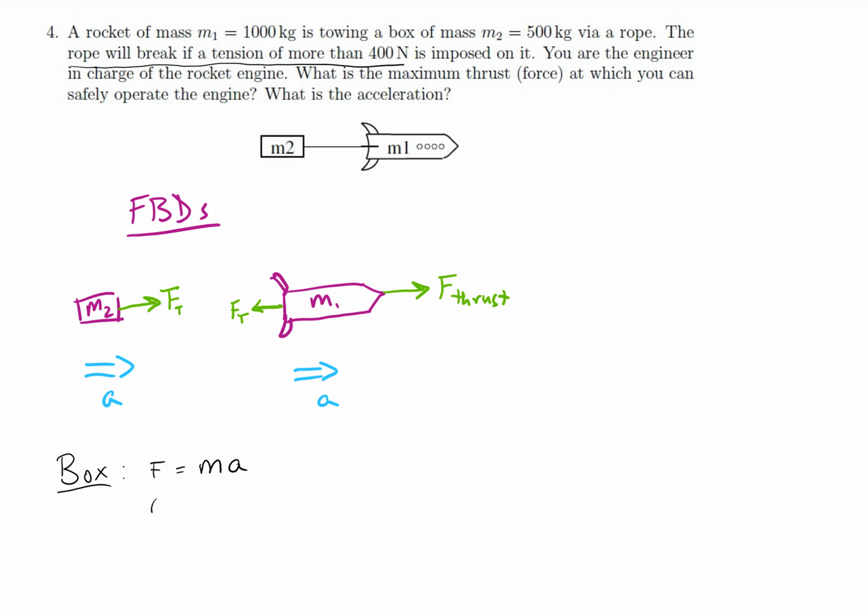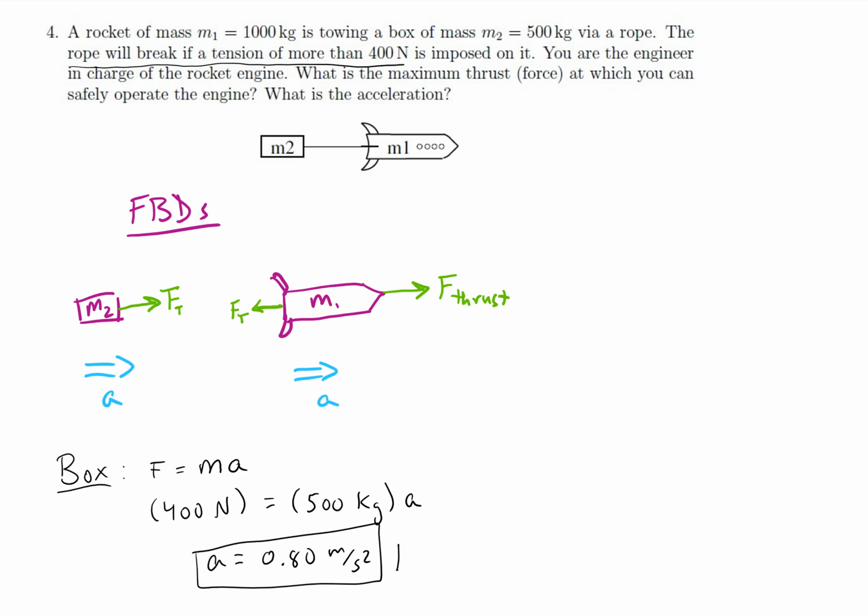If the force is 400 newtons and the mass is 500 kilograms, then the acceleration has to be 400 newtons over 500 kilograms, or 0.8 meters per second squared. That's the maximum acceleration you can get without applying so much tension in the rope that you break it.